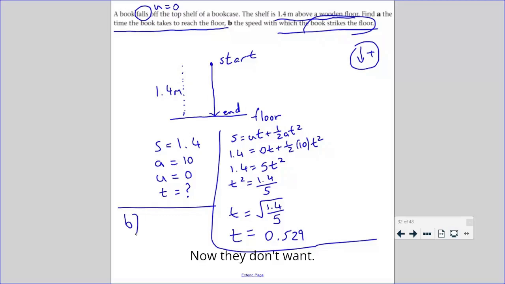We've got T, we need to find V. Now we can use the T again in the same model if we want. I would prefer not to use it, but if you want, you can use T as well because we found T now. So I've got these four, and the formula connecting all of these is V squared equals U squared plus 2AS.